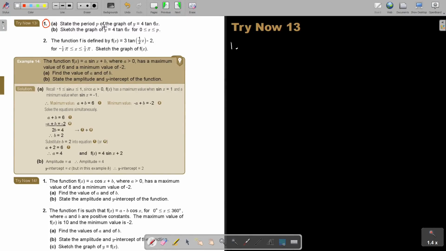State the period P of the graph. So let's just write down the graph, with 6x. Now let's do it exactly like the previous one. The period of a normal y equals tan x graph is 180.